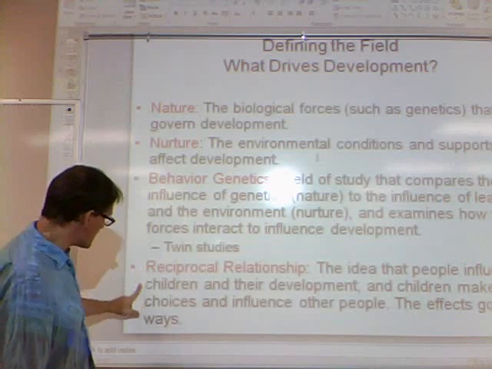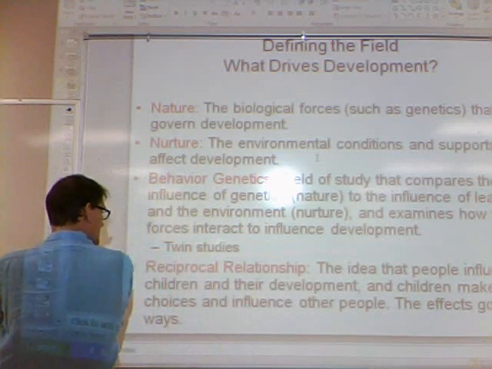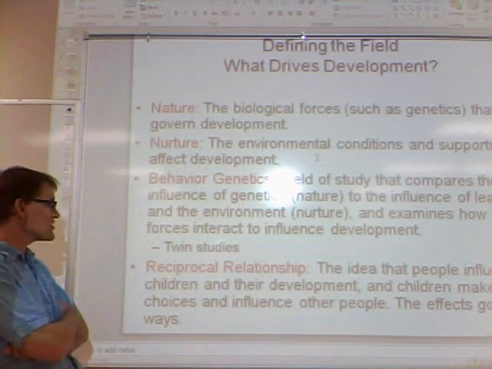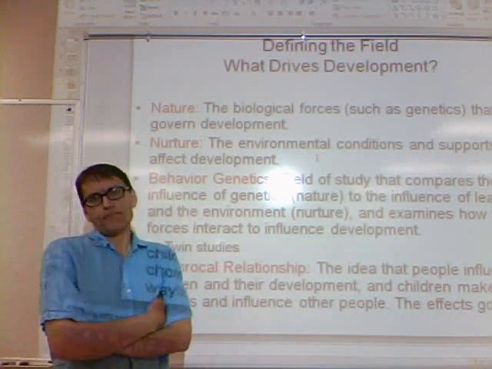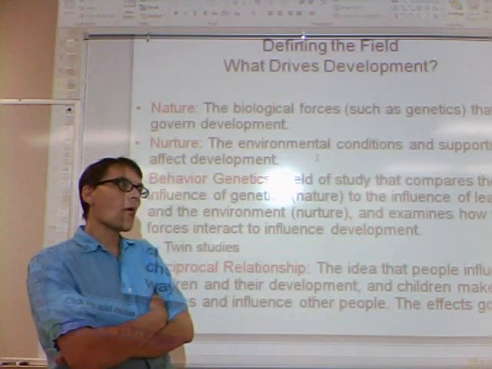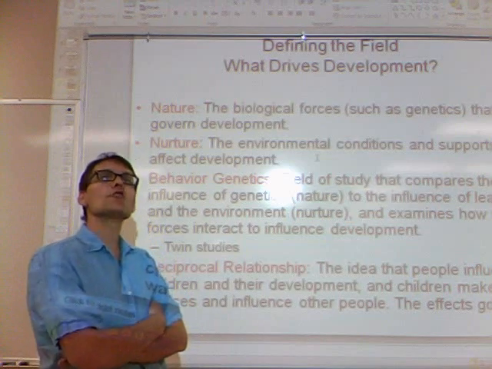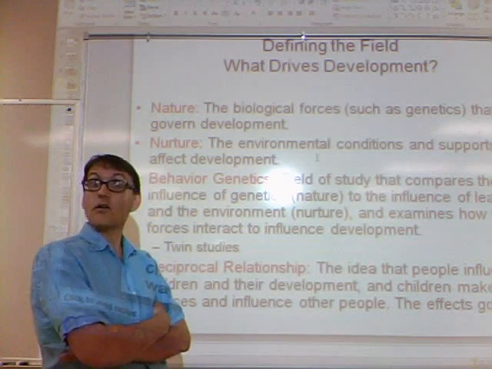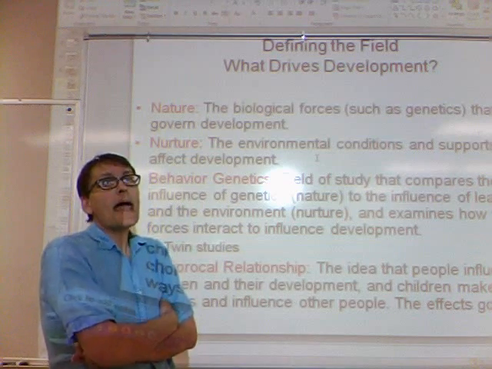However, going back to my statement on the last slide, this concept of a reciprocal relationship, the idea that people influence children and their development, and children make choices and influence other people. From the simplest perspective, some babies are born with a difficult temperament. Some babies don't like to be held. It's just the way they're born.